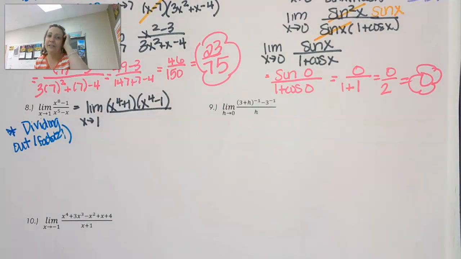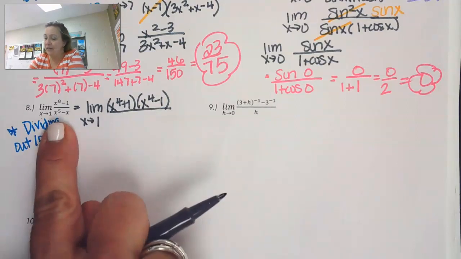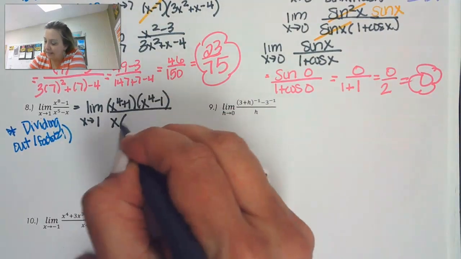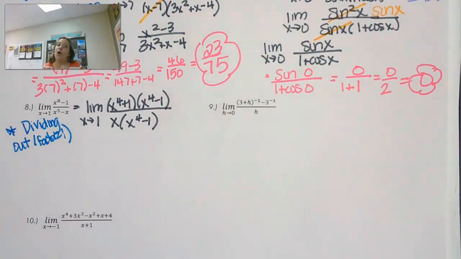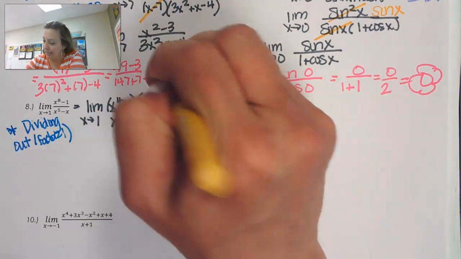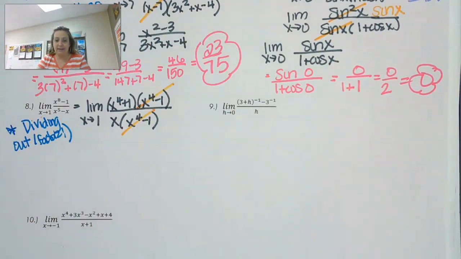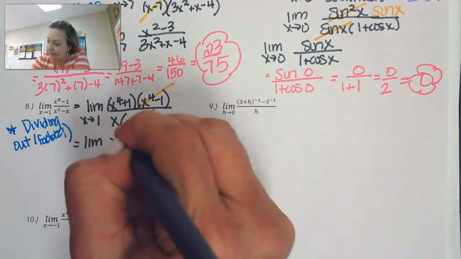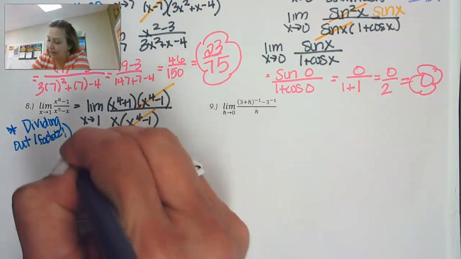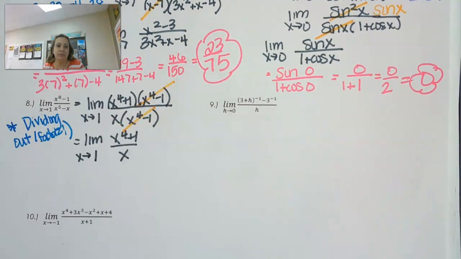Then in the denominator, I can factor out an x, and I end up with x to the 4th minus 1 times x. Good thing I didn't waste my time factoring, because we see that we can cancel those factors out. So I just have the limit of x to the 4th plus 1 over x as x approaches 1.